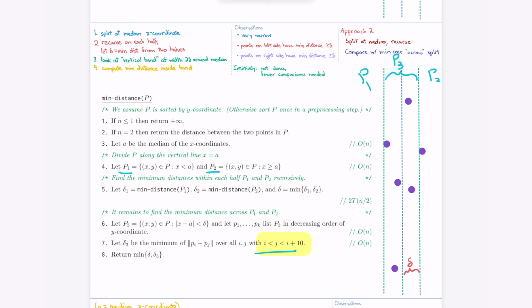Each point only needs to compare itself to the 10 next points, and beyond that it should be safe to ignore. That's what the code is going to try to do. I'm getting some confused glances. I was lazy and I'm not even doing the step of making sure left compares to right and right compares to left. I'm just going to sort them and collect them all in the middle.